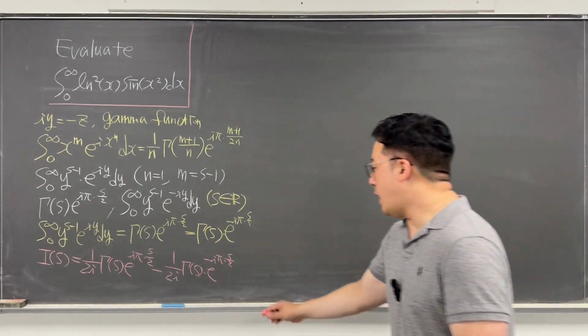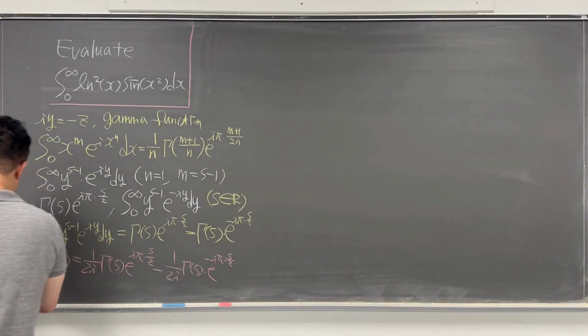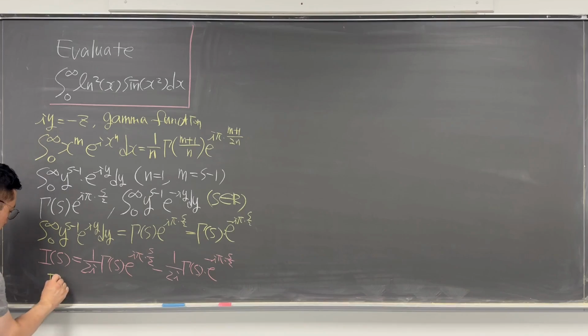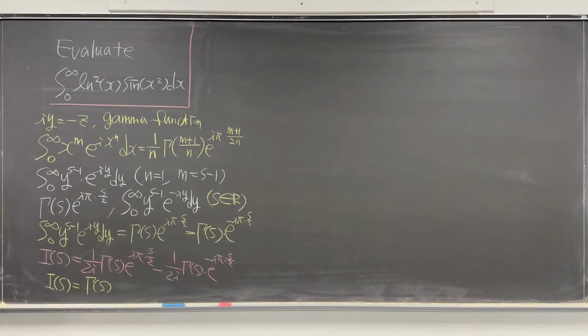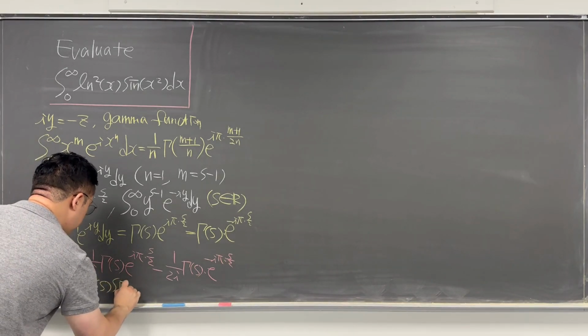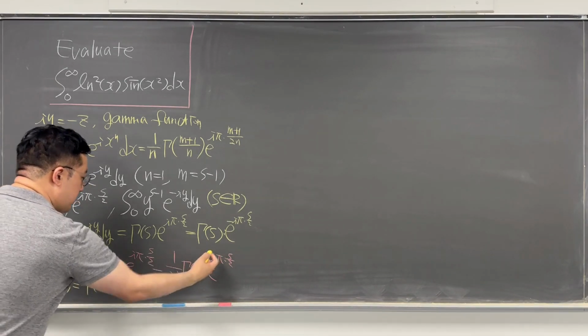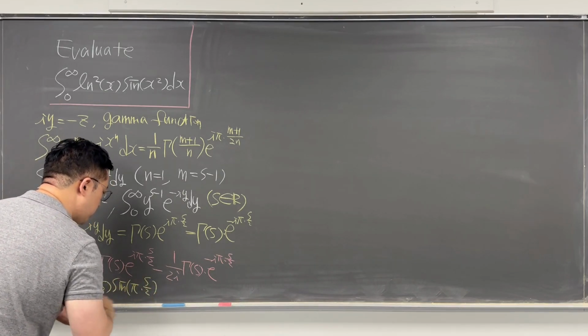Okay, so that is why we can represent this I of s as gamma s times sine of pi times s over 2.